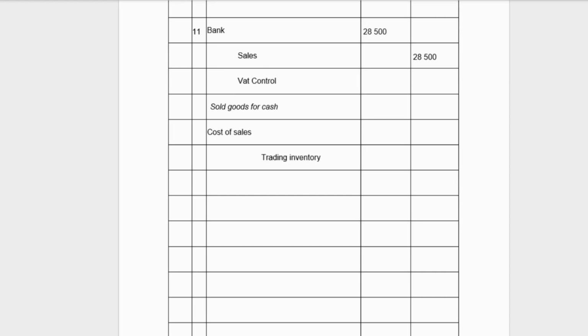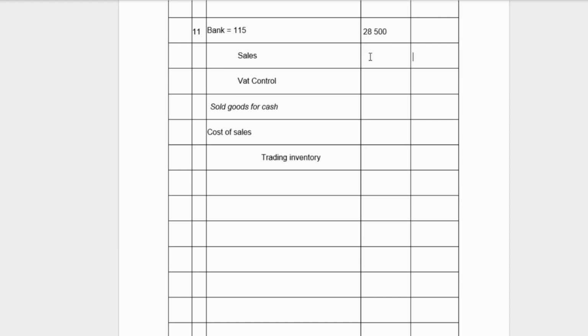So when we account for VAT, it means bank is equal to 115, okay? Bank 115, and then our sales is going to be 100%. So it means this one is not correct, okay? We need to fix that one.